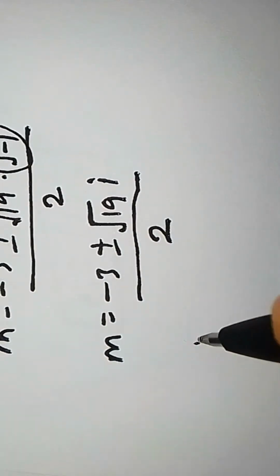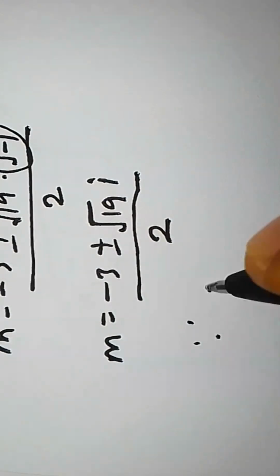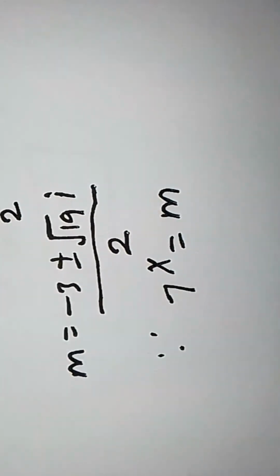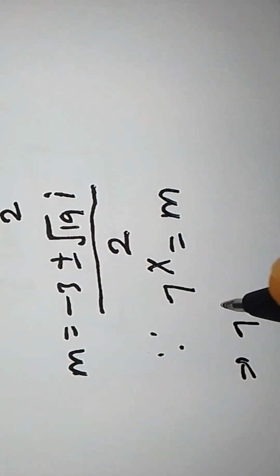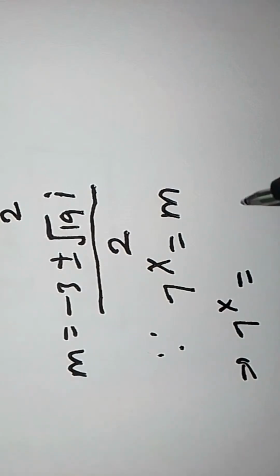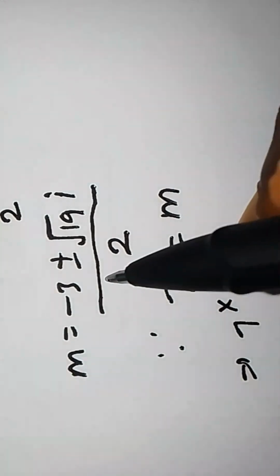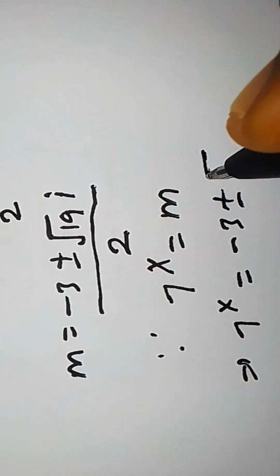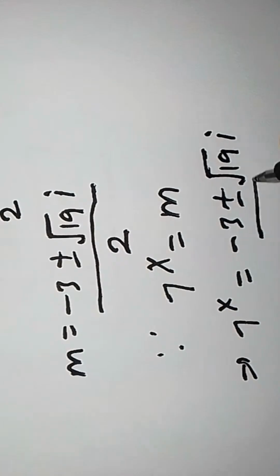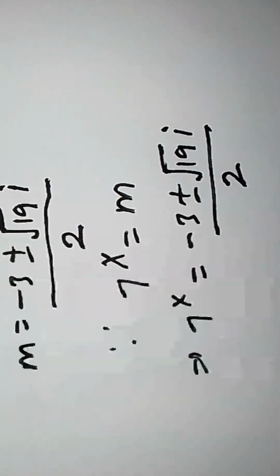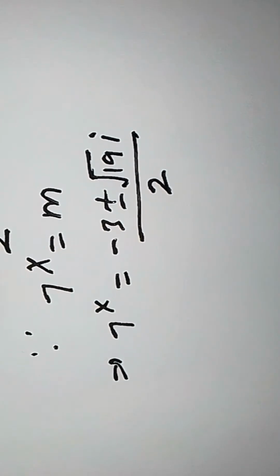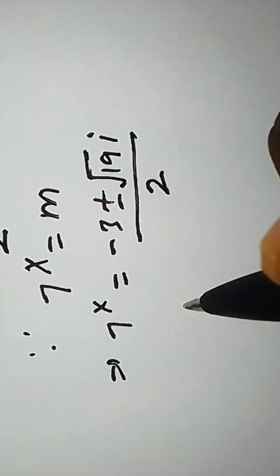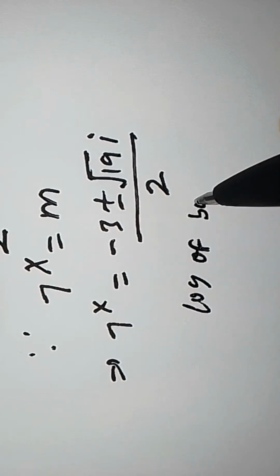So since 7 raised to x is equal to m, this means that 7 raised to x is equal to, what is m now? This is minus 3 plus or minus square root of 19i divided by 2. Now, what do you think we should do? Let's take log of both sides.